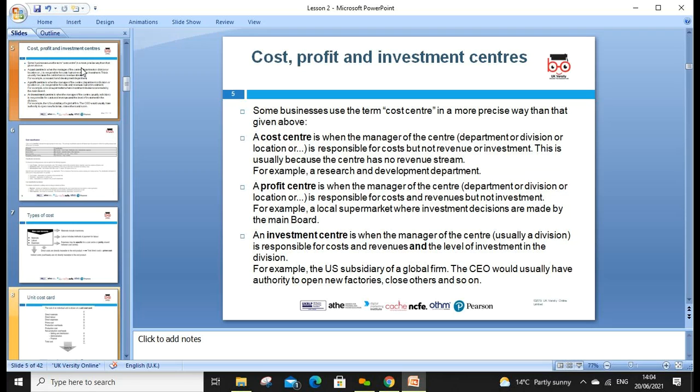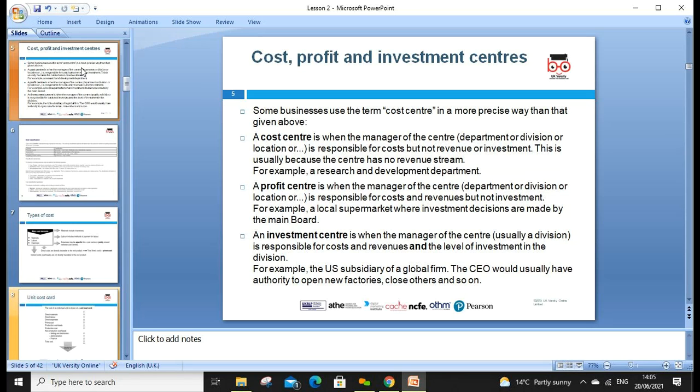Some businesses use the term cost center, which is more specific than the units given above. A cost center is one in which the manager of the center, department or division at a location is responsible for cost but not revenue or investment.